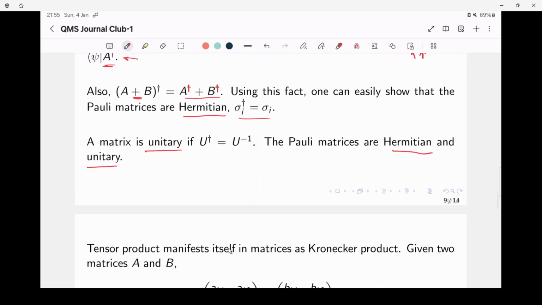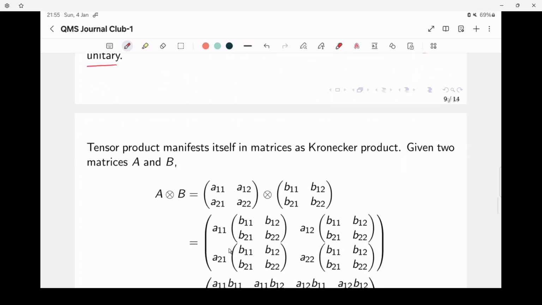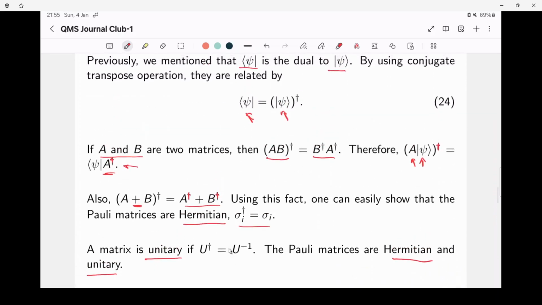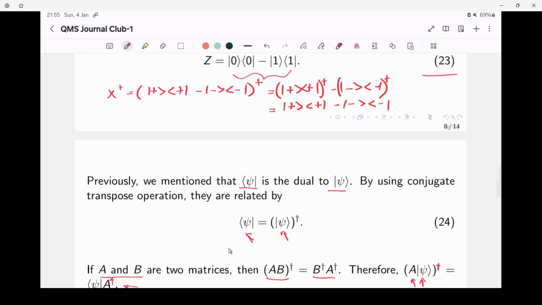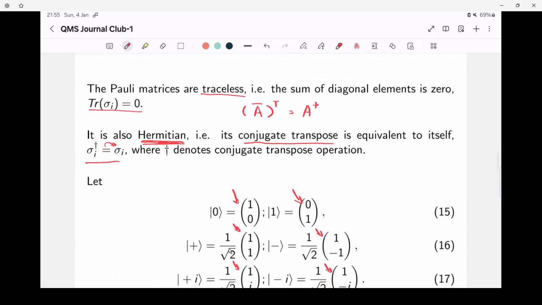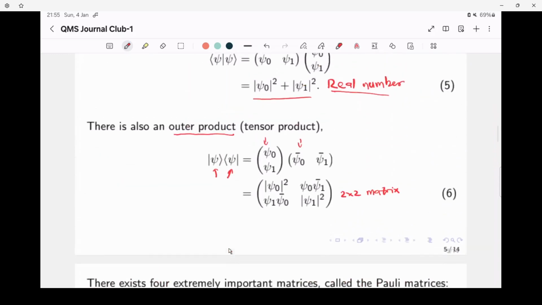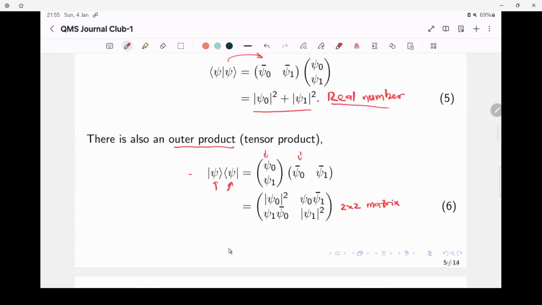Next, we go to the tensor product. Just now when we defined the outer product, I also mentioned that this is also called a tensor product. It depends on how you define the outer product. For all the subsequent discussion, this is how I would define the outer product.